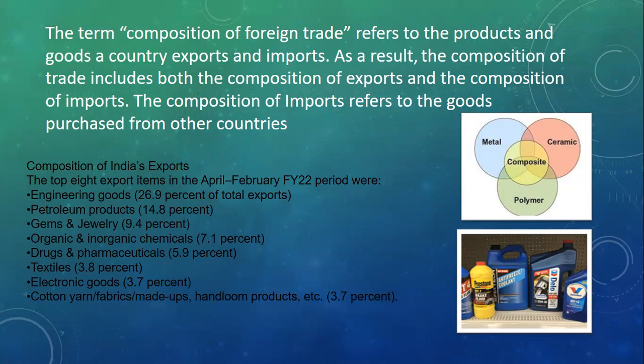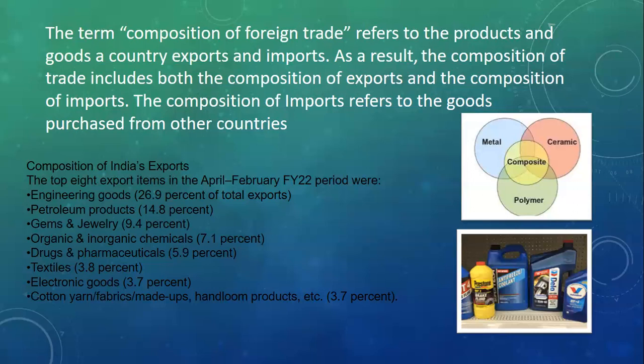Petroleum products at 14.8% are the second most exported item from India. Then gems and jewelry are 9% of total exports.